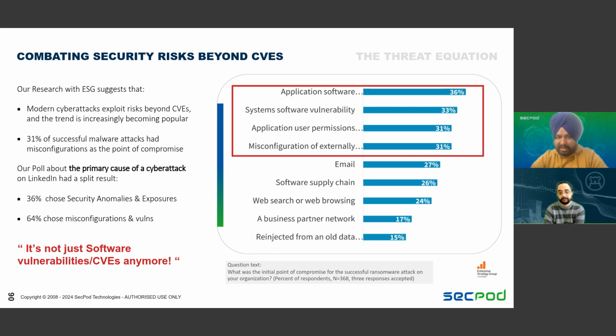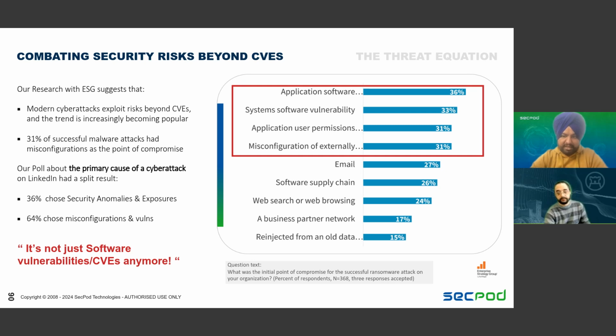To add to that, we have some data coming out from research done by ESG Group, and our own polls on our channels. Our research indicates that IT security teams are not just worried about CVEs anymore.